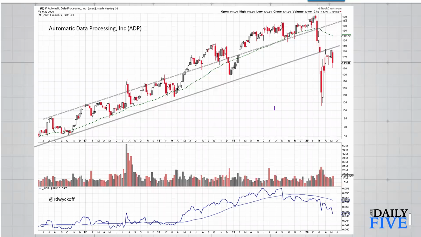Okay, two charts to look at. This is chart number 4, and this is Automatic Data Processing. We're going to look at two employment-related companies. Automatic Data Processing processes payroll checks, among other things.